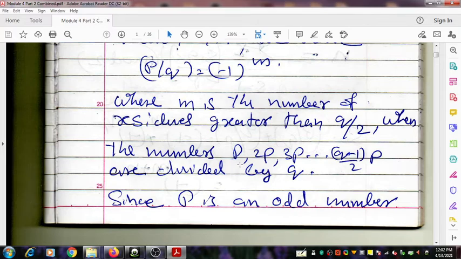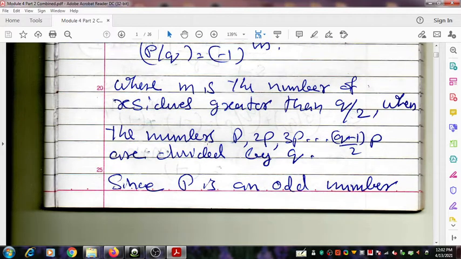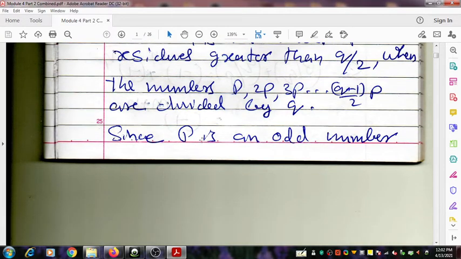Among these remainders, some of them will be strictly greater than q by 2. So you have to count the number of those values.